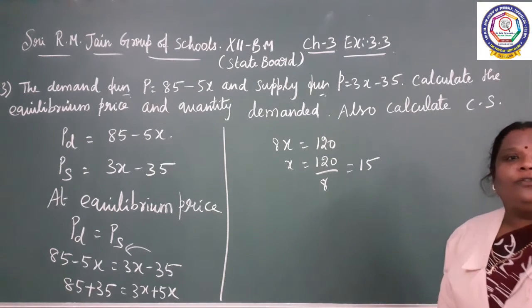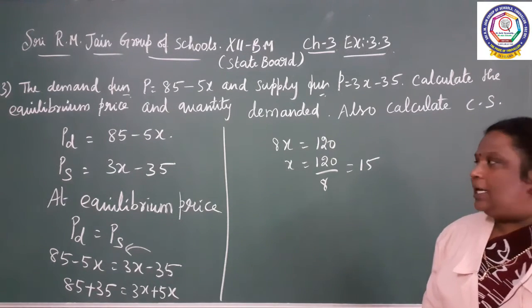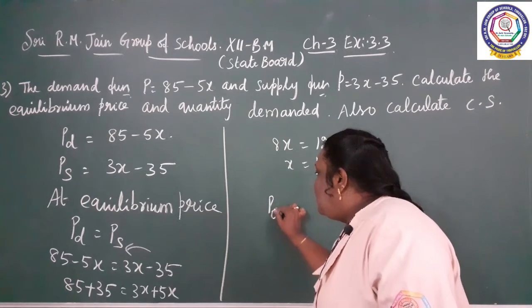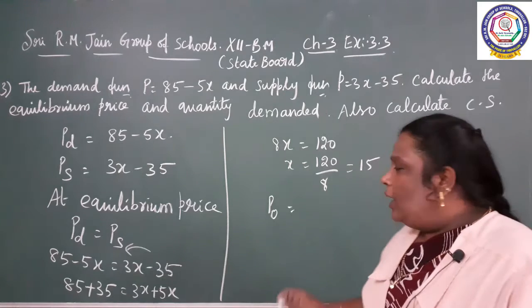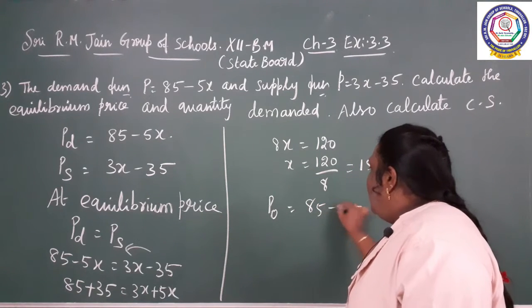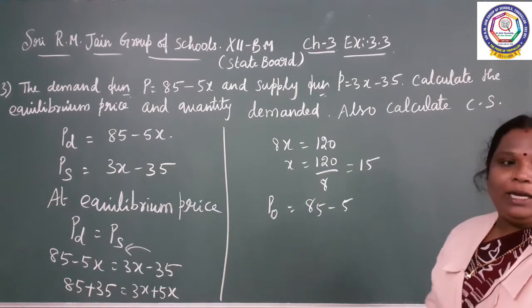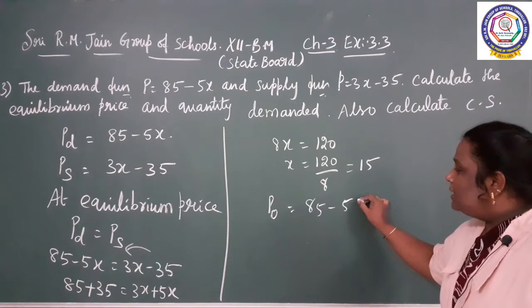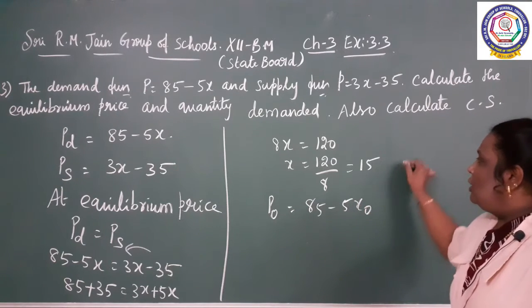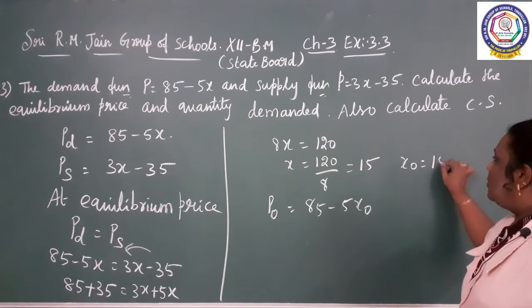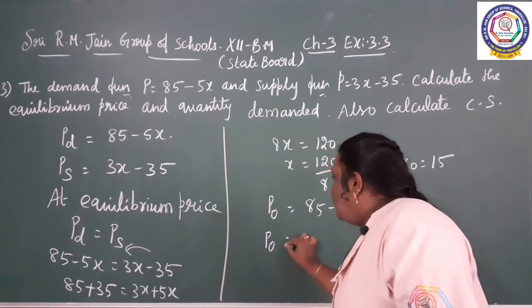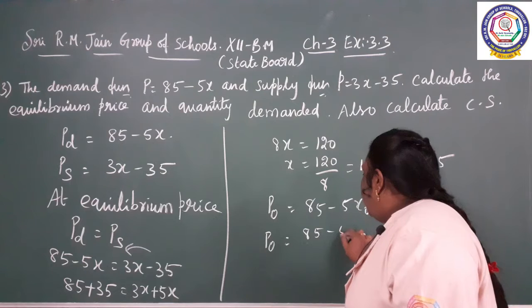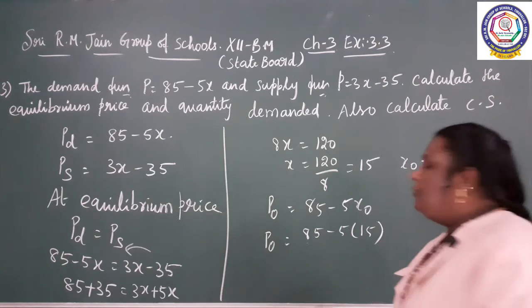x equal to 15. Now you should find out the value of P naught. P naught equal to, you can take it as a demand value. 85 minus 5 into x naught. You can take it as this value, x naught equal to 15. So P naught equal to 85 minus 5 into 15.